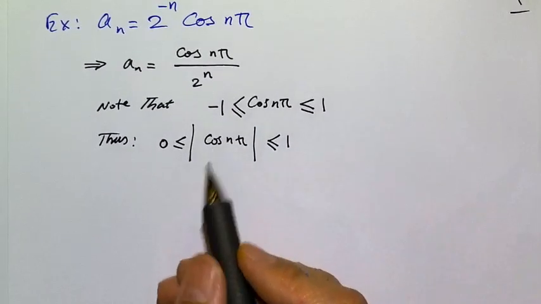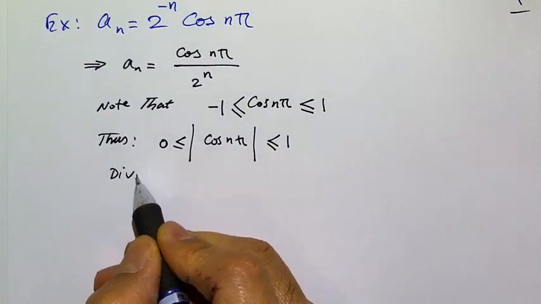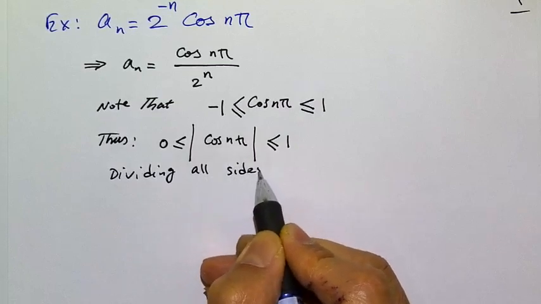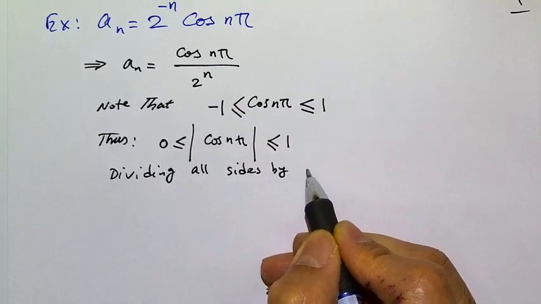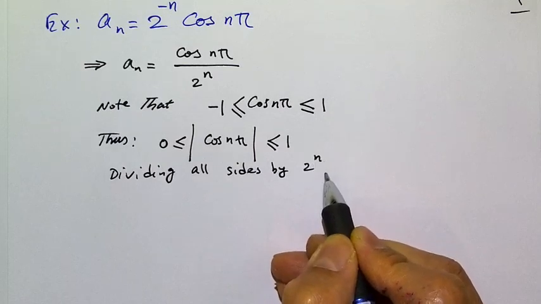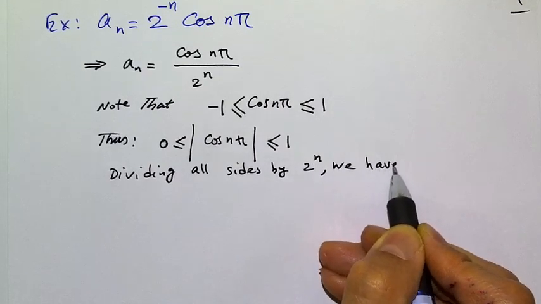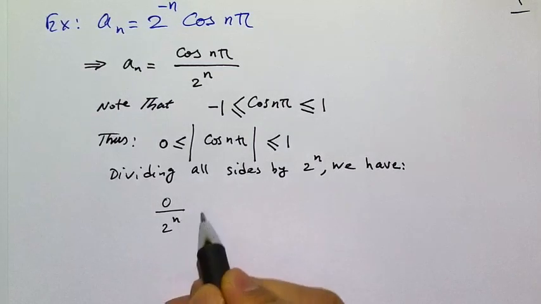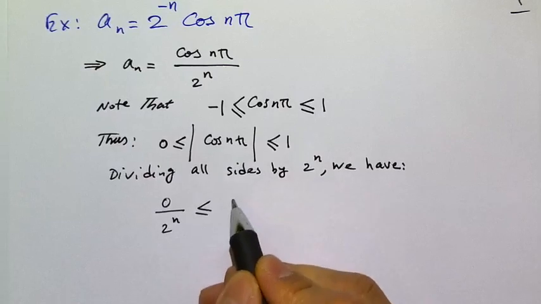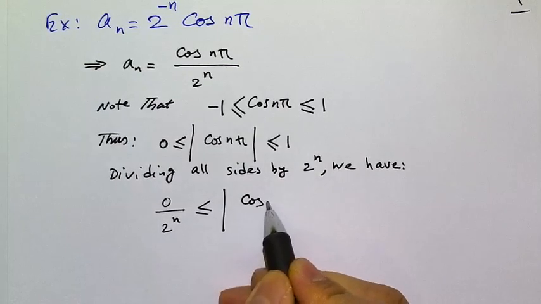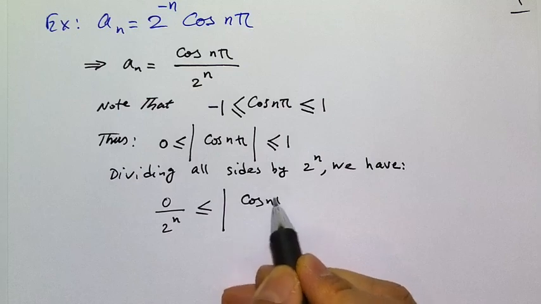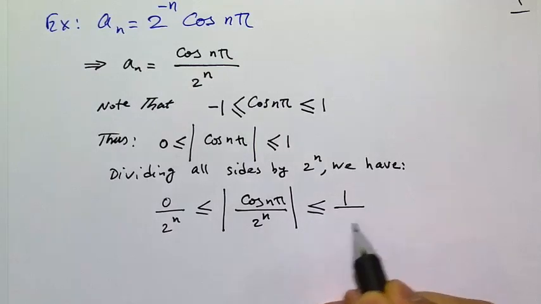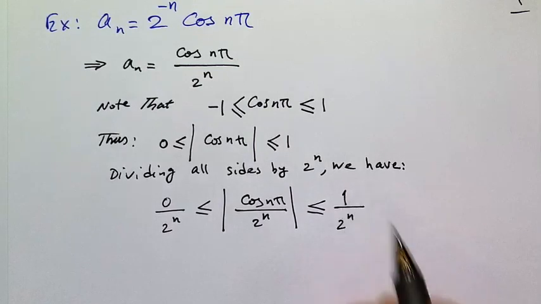So we can divide all sides of this inequality by 2 to the n power. So let's do that. By 2 to the n, we have, what do we have? We have on that side 0 divided by 2 to the n, and absolute value cosine of n pi divided by 2 to the n, and of course 1 divided by 2 to the n power.